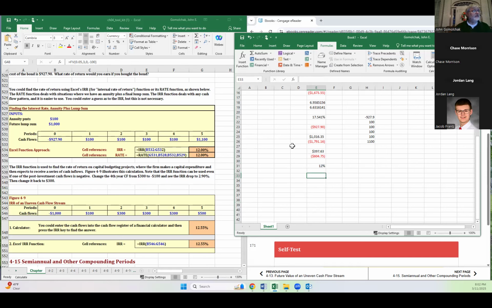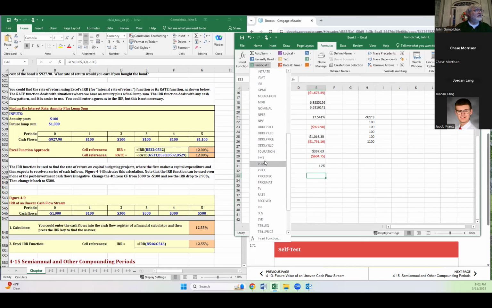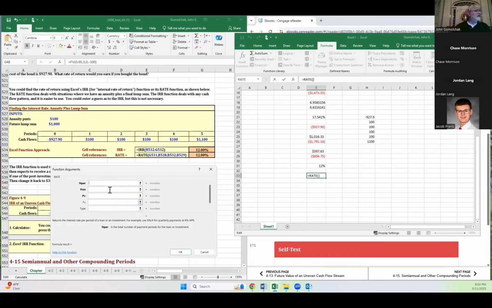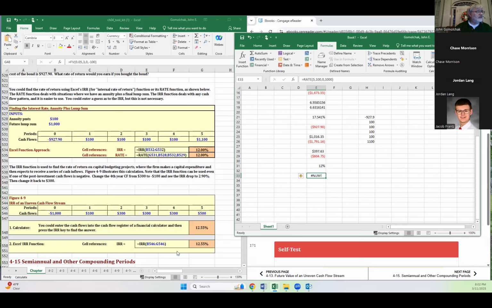Let's do rate. Number of periods is 5. Payment is going to be the 100. Present value, I think, is 0. Future value is going to be the 1,000. Type is going to be 0.